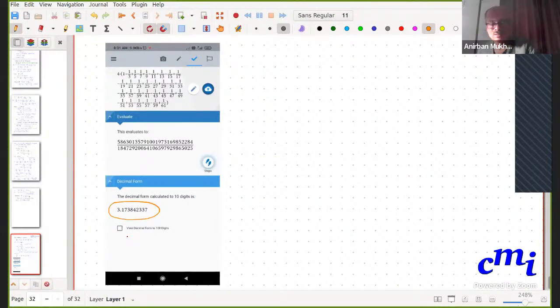Because we know that pi is 3.14159, etc., etc. So it just got 1 digit correct after taking 30 terms. So it's very, very slow.